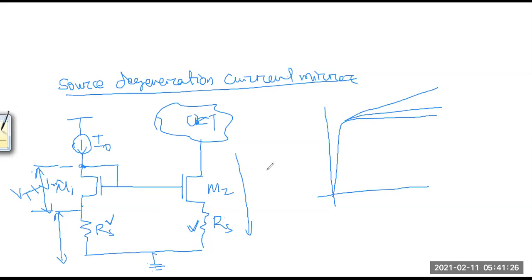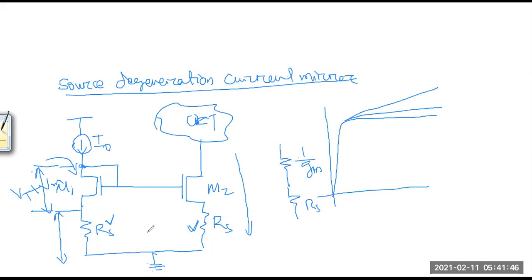And another biggest disadvantage is there. What is the input impedance? If you check the input impedance from here, what is that input impedance? I will get 1 by Gm plus RS.